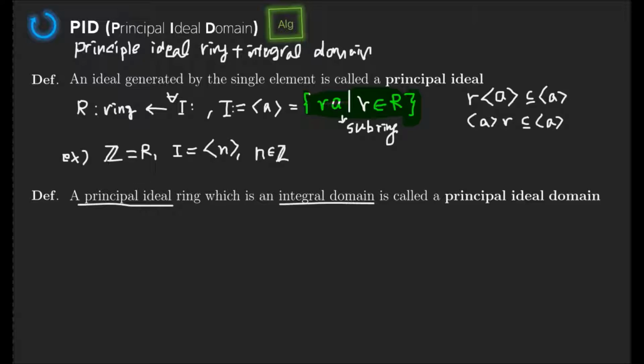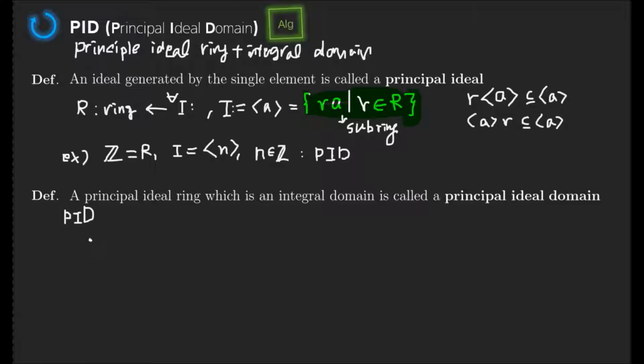The integers are clearly an integral domain, so this is the so-called important representative example of the principal ideal domain, abbreviated PID. Because of these profuse properties, some people use PID rather than just principal ideal ring.